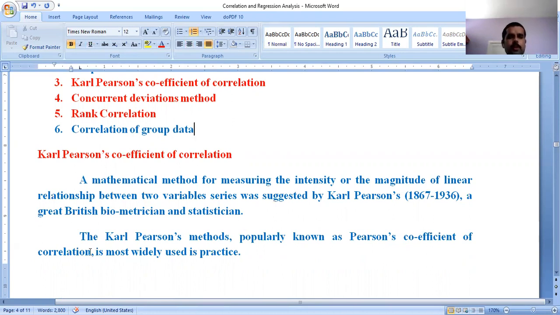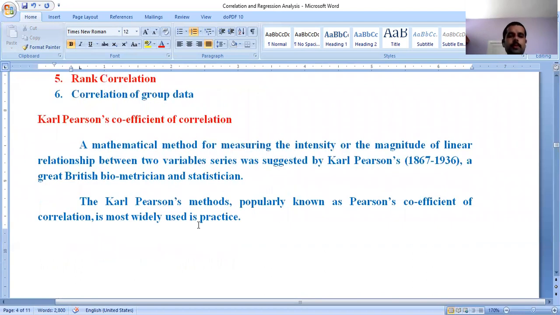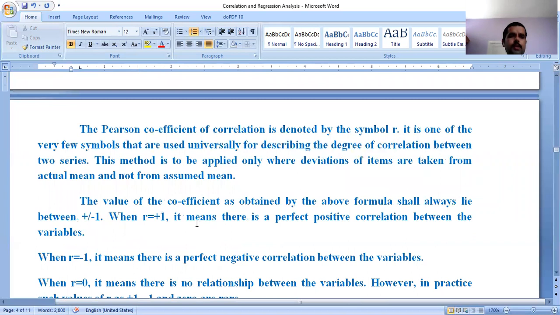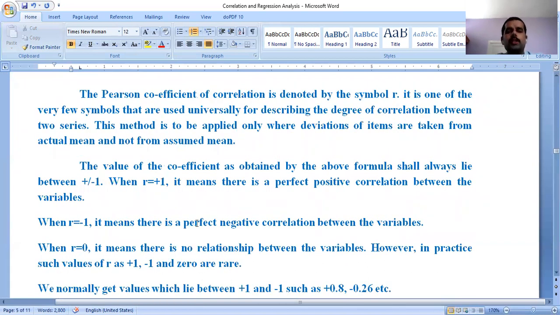Karl Pearson's method, popularly known as Pearson's coefficient of correlation, is widely used in practice. He was a British statistician. The Pearson coefficient of correlation is denoted by the symbol r.